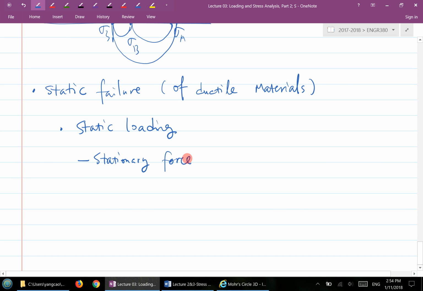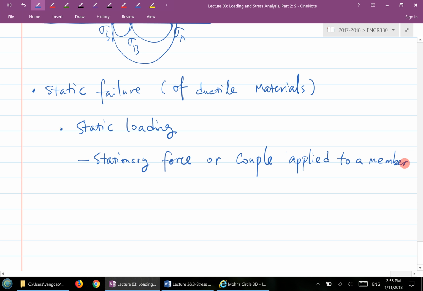So there's F applied at a different location on a bar, for example, or a stationary couple, which basically means a moment applied to a bar like that. So a stationary force or couple applied to a member, to an object. That's static loading.